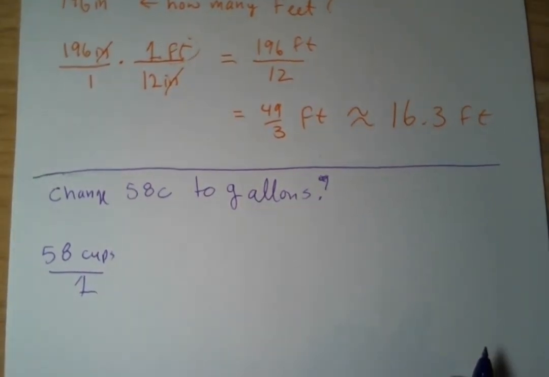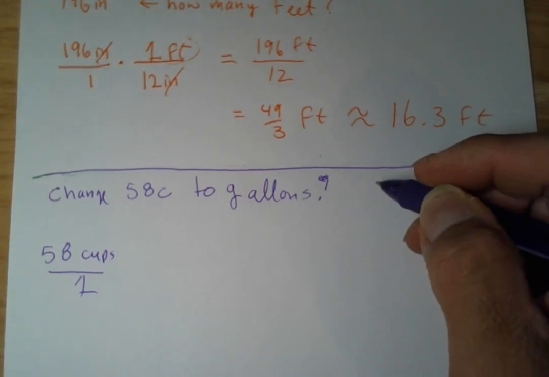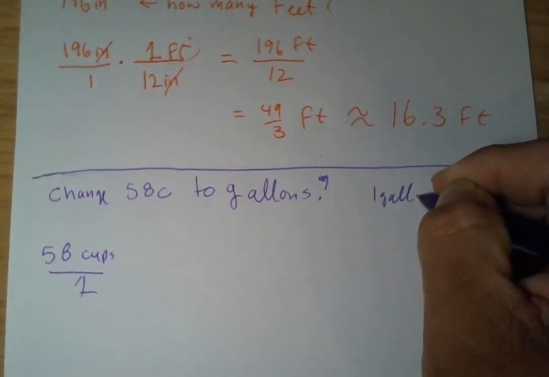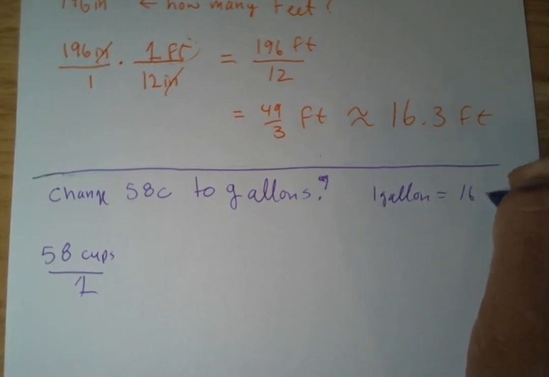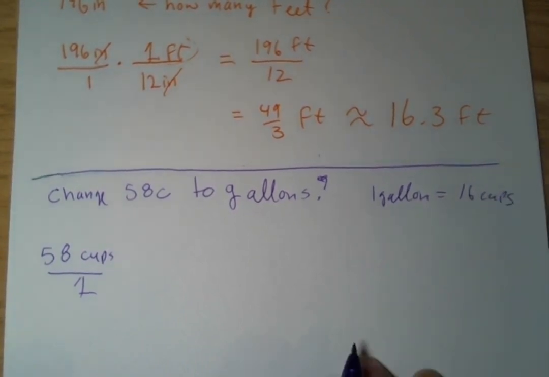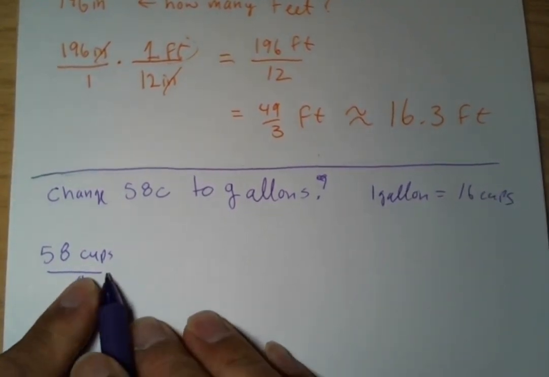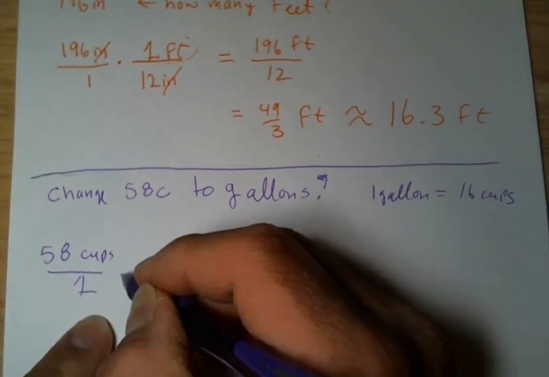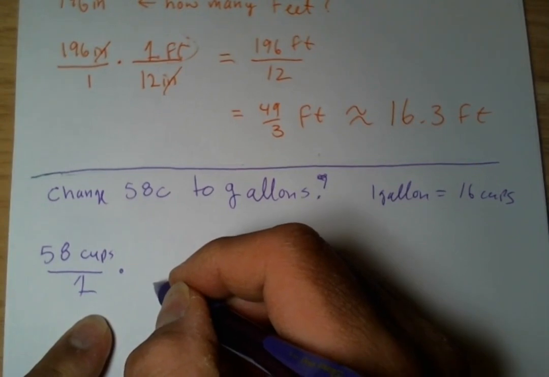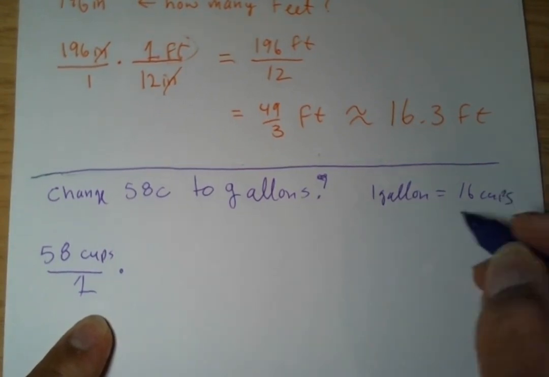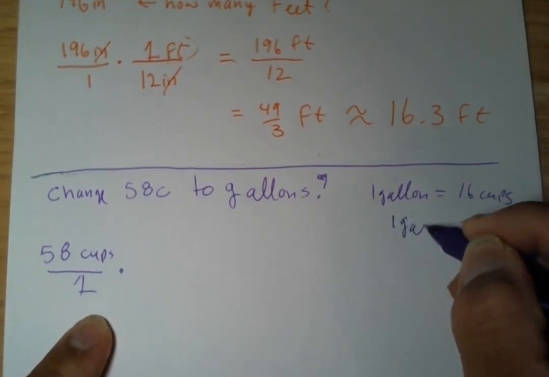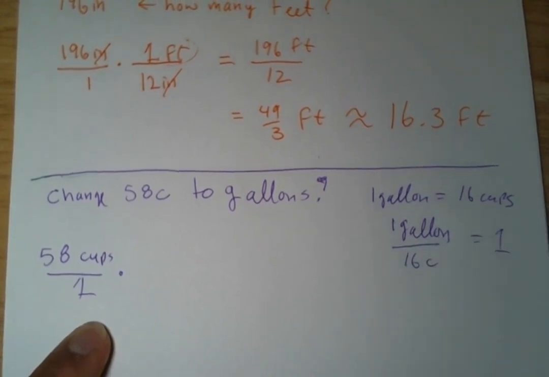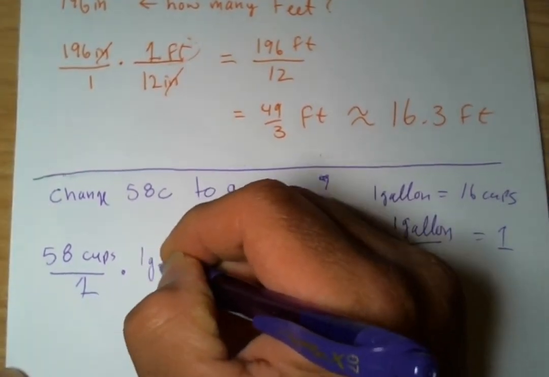Now looking at the table here, I see that 1 gallon is equal to 16 cups. So in order to reduce the cups unit, I will need the cups to be in the denominator of whatever conversion factor I multiply by. That means I'm going to use the conversion factor 1 gallon per 16 cups. So we multiply that.